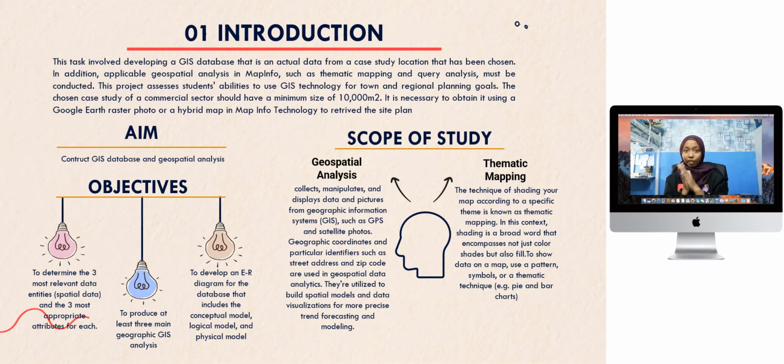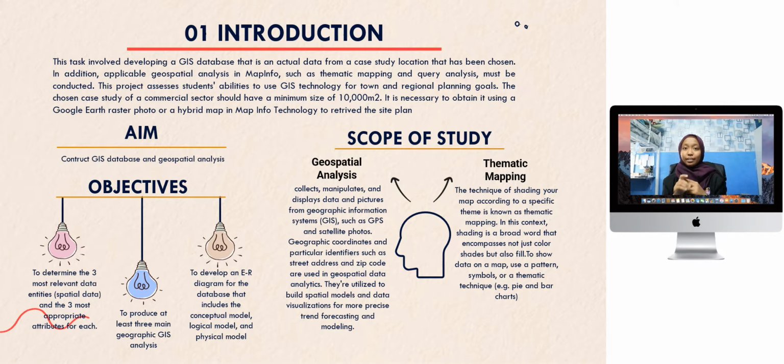Okay, so for the first panel, which is the introduction, basically this task involves developing a GIS database from actual data of a case study location that I have chosen. In addition, this study also applies geospatial analysis in MapInfo, such as thematic mapping and query analysis, which must be conducted in this case study.